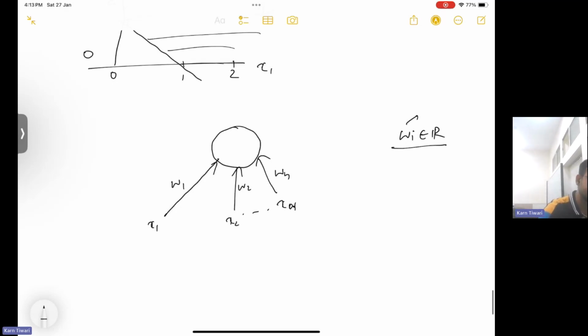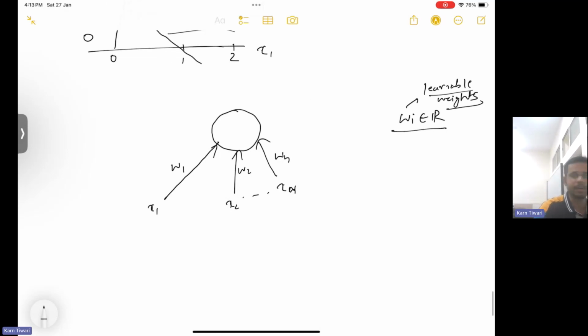And these are learnable weights. You might have heard about optimization. Optimizing means learning the neural network, fine tuning, anything like that. In simple words, it just boils down to learning each and every learnable weight. So that will be covered in the upcoming weeks. So just follow the content.